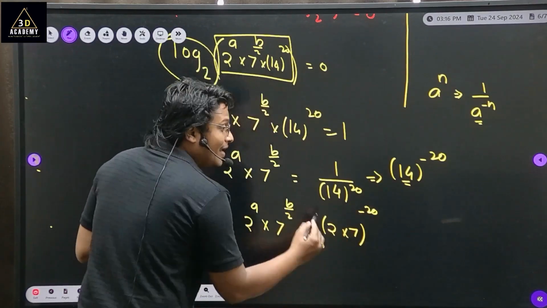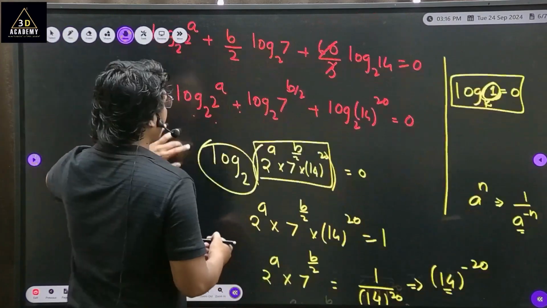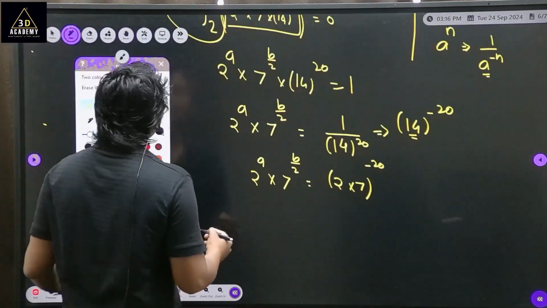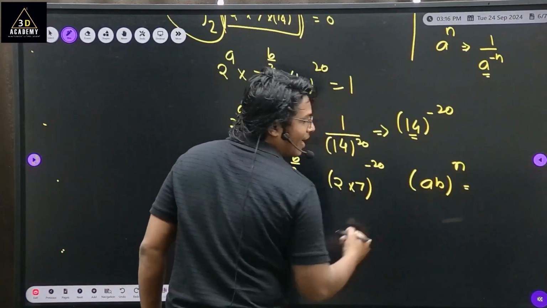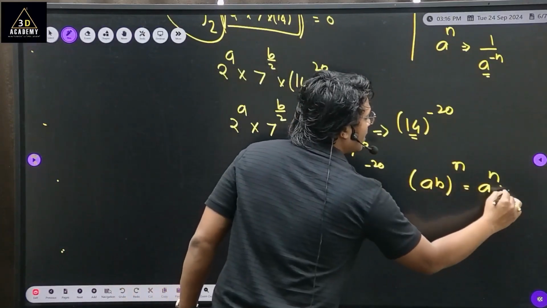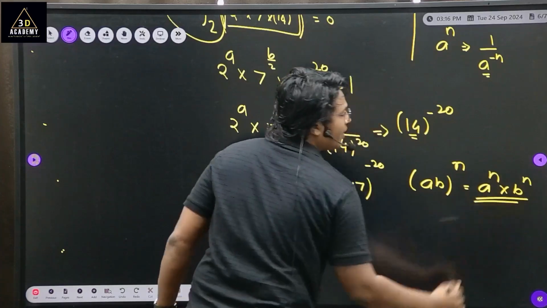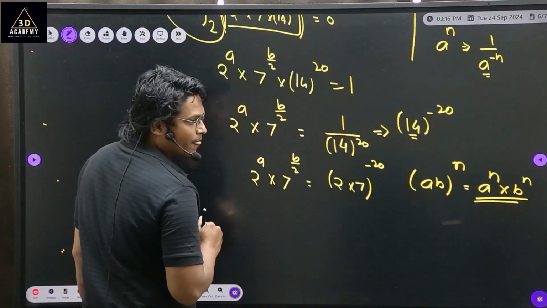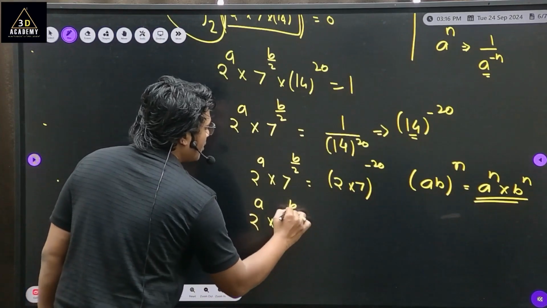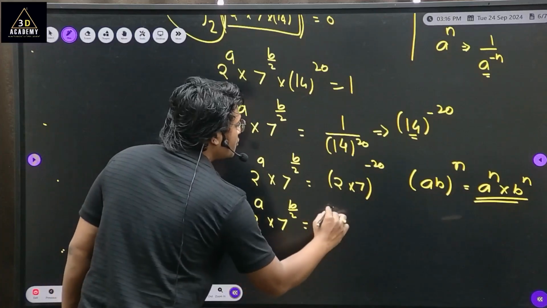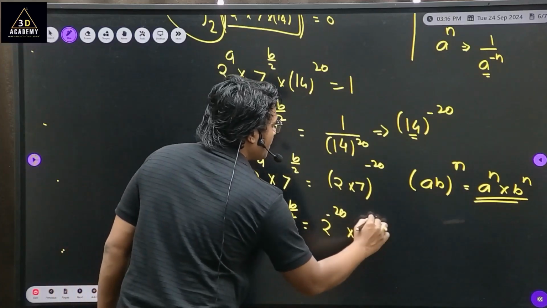Correct? Now again, using one of the laws of exponents, whenever we have two numbers multiplying and they have a power, I can separate the numbers, giving each the same power, right? So the same thing will happen here. 2 raised to power a into 7 raised to power b upon 2 will be equal to 2 raised to power minus 20 into 7 raised to power minus 20.